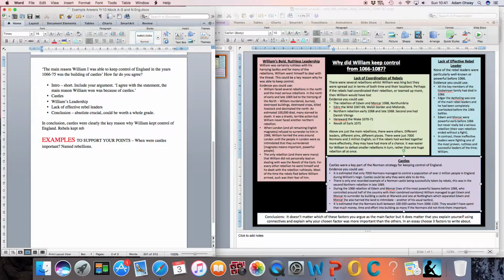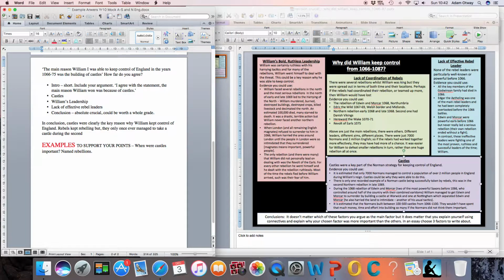Rebels kept rebelling, but they only once ever managed to take a castle. Was it in here? Yeah, there is. There's only one. It tells you in this sheet.